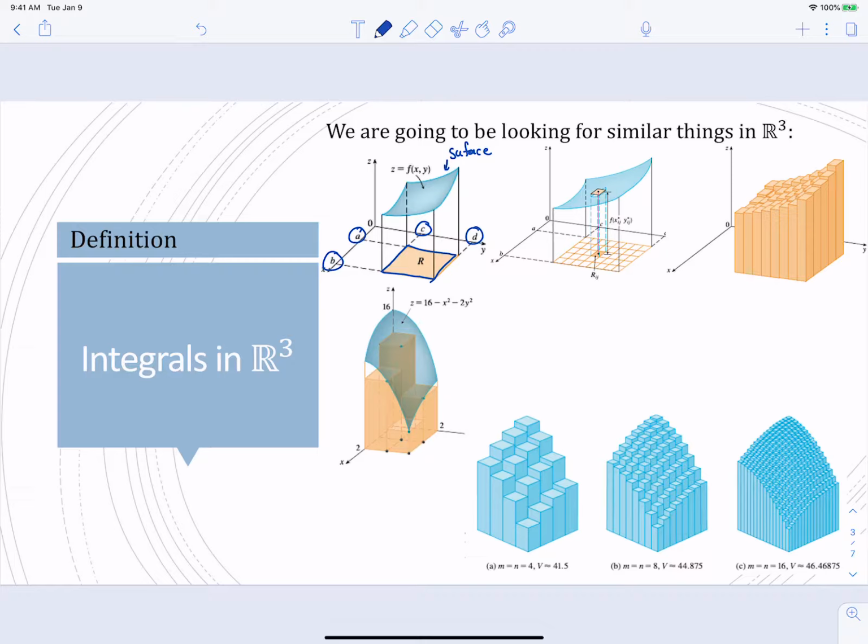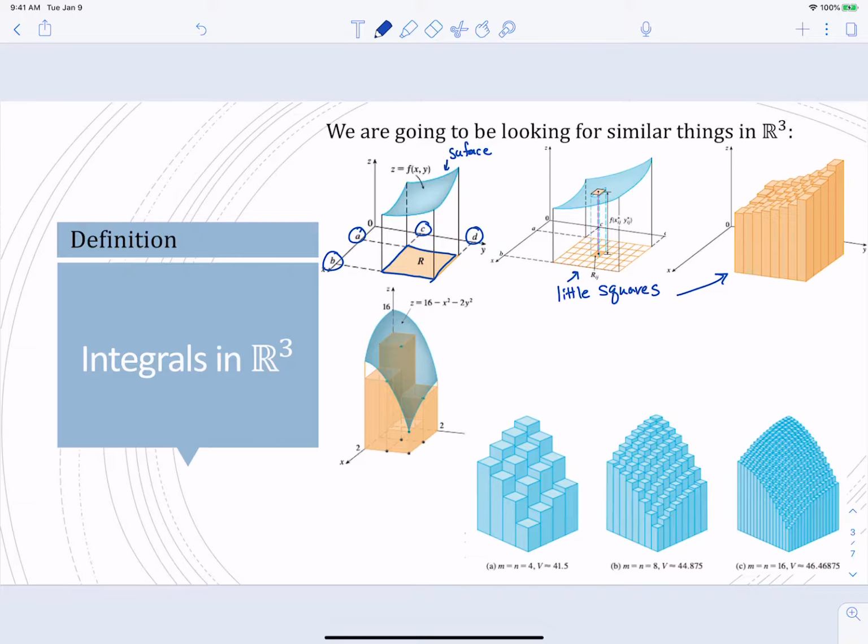We can cut that region into little squares, and then take each of those little squares and find the volume of those rectangular solids.